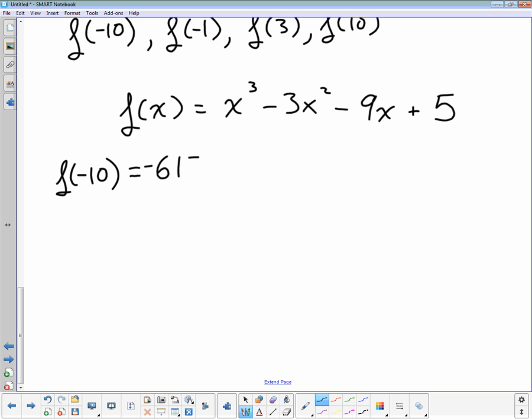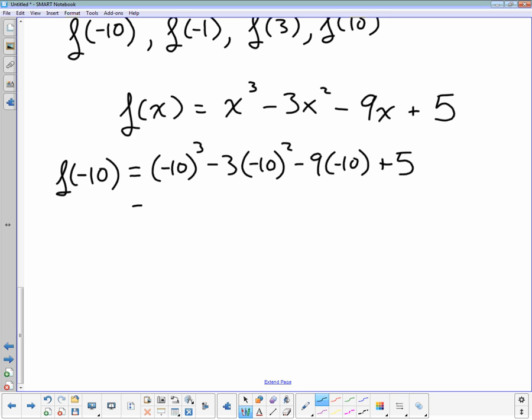Negative 615. Is it minus? So negative on the square, let's go through it. That's negative. So negative 30... Let's see.